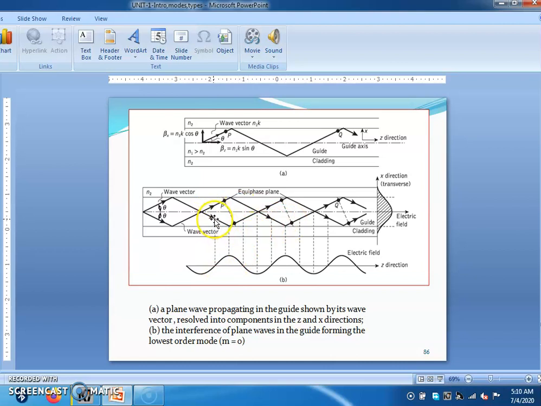When it is in this position, you will get an intensity like this. As it moves, the intensity is gradually increasing. It is maximum at this point, then like this, and so on. So this is a cross-sectional view. At the axis, the intensity is maximum. As it moves away from the core axis, it is getting reduced.